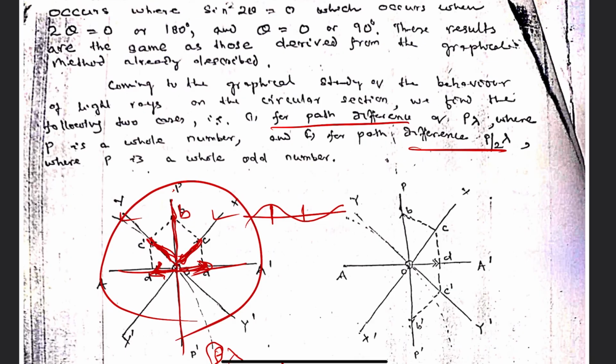So here they help. So OB dash, this is the amplitude of the ray that passes through the polarizer and enters into the mineral section.